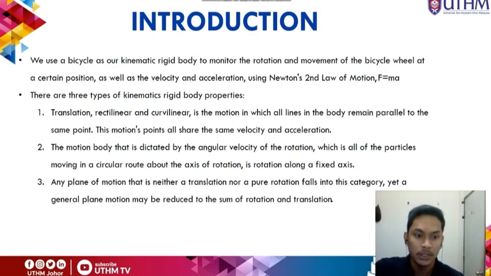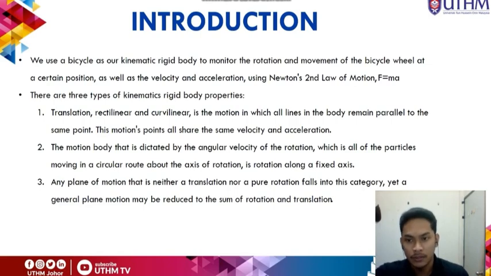rigid body properties. First, translation, rectangular and curvilinear, the motion in which all lines in the body remain parallel to the same point. These motion points all share the same velocity and acceleration.